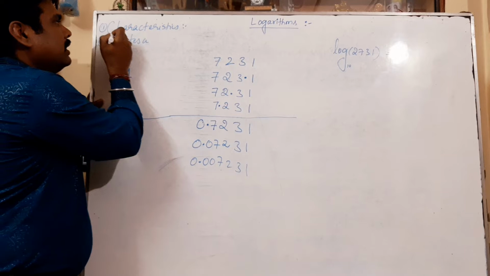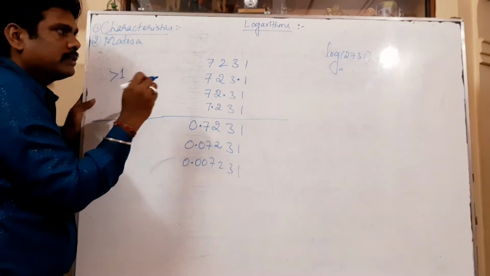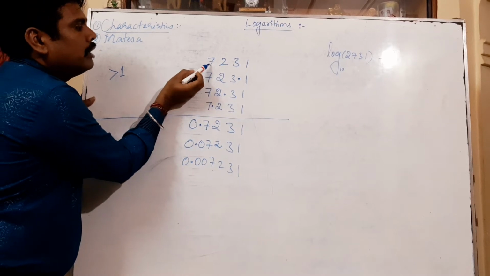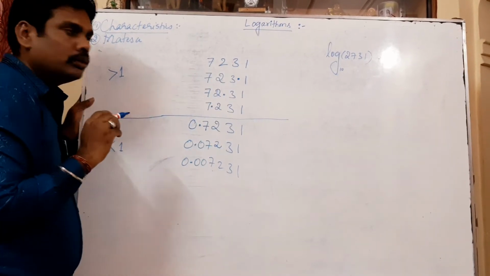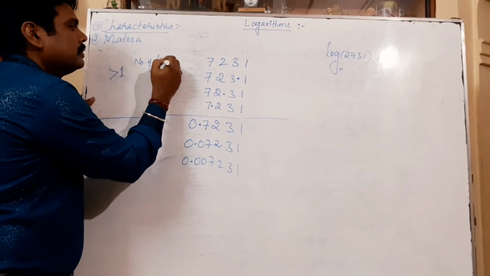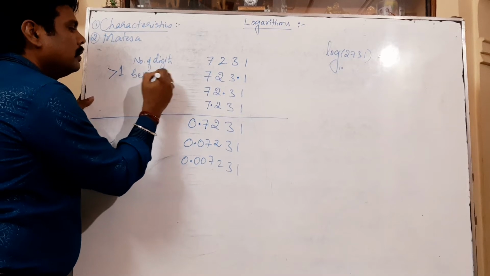So while writing the characteristic of any number's logarithmic value, first we have to write the characteristic. For that, the rule is: count the number of digits before the decimal, and subtract 1.